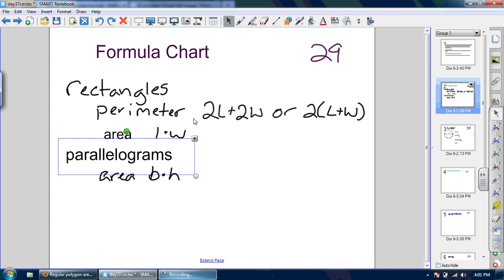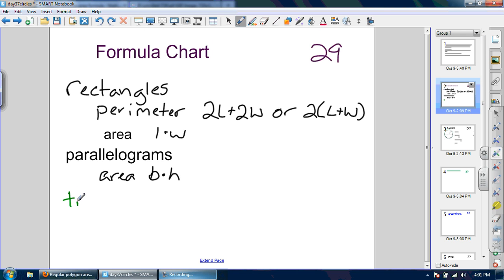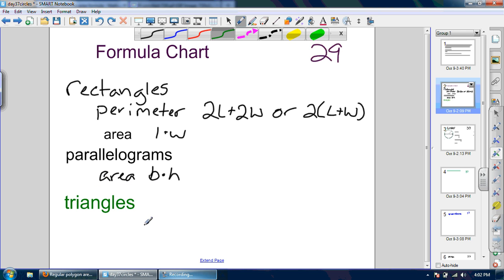Let's go with a different color. Then we had triangles. Okay, triangles. What was the formula that we said we had for triangles? That's right. The formula for triangles was always green.